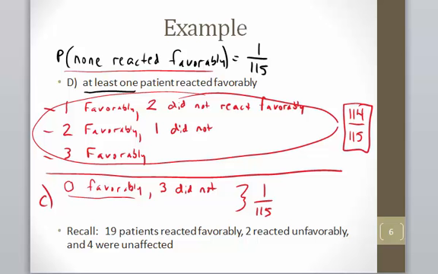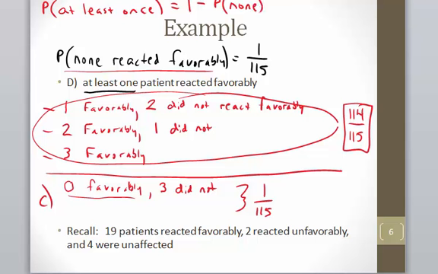Okay, and it might be worth noting, the book does give us a formula to do this, and the formula says that the probability of an event happening at least once is equal to 1 minus the probability of it happening no times.